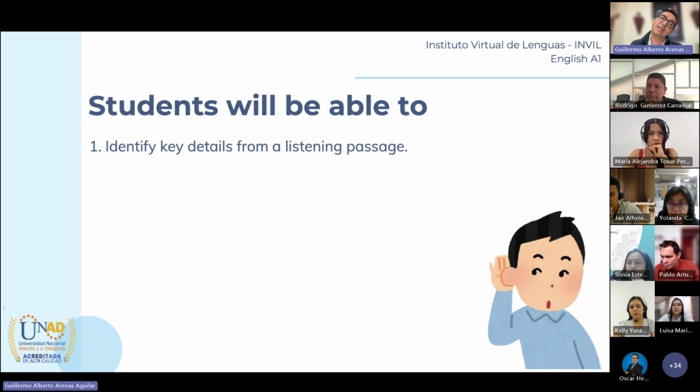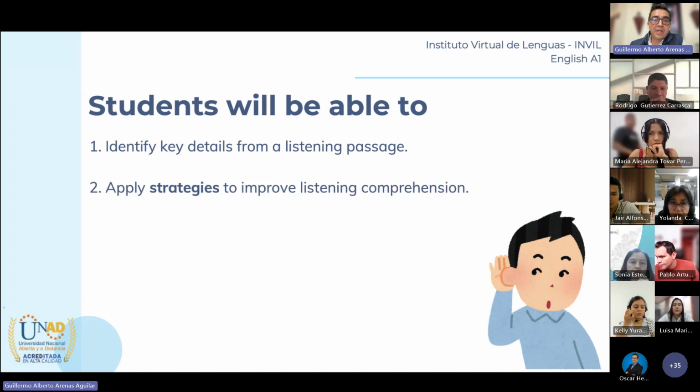The idea is that they identify key details from a listening passage and apply some strategies to improve listening comprehension. They need to be aware of this. You can put this in English or in Spanish, and you can explain to them in Spanish, obviously.